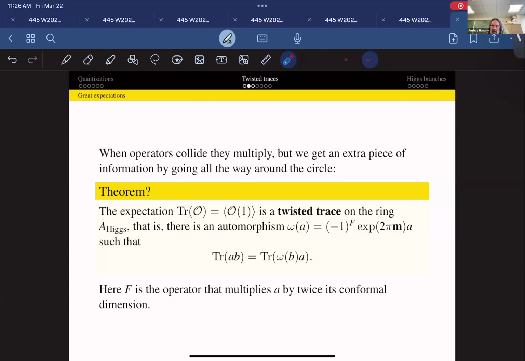I can think of M as being in the Lie algebra of the flavor symmetries, and I'm exponentiating that element of the Lie algebra. So it's an element of the complexified flavor symmetry group which acts on A Higgs. That's the flavor symmetry, and there's also the R symmetry, because it's also transforming under the R symmetry.